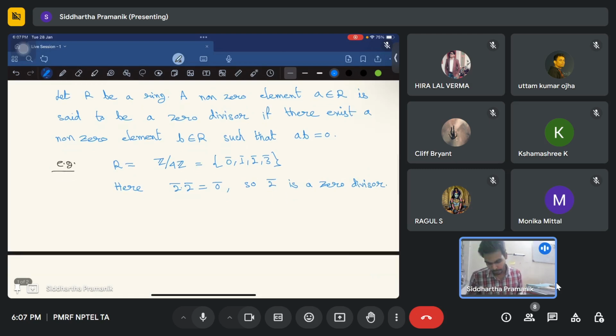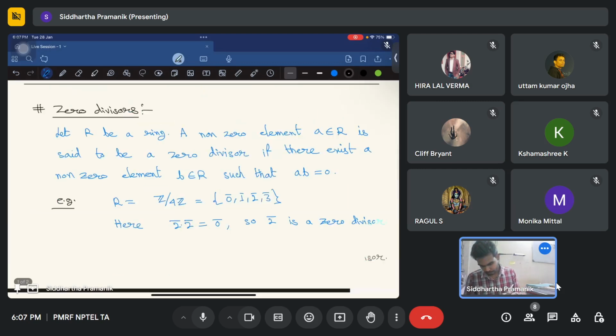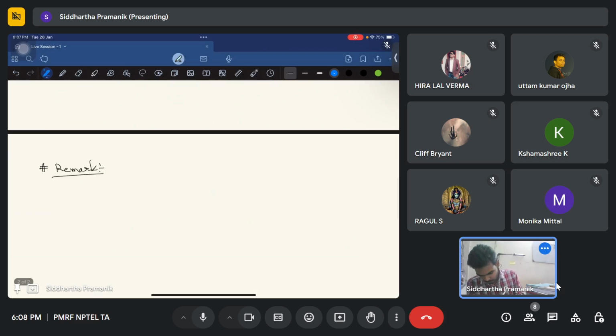Okay, so some facts about this. If an element is a unit, it cannot be a zero divisor.